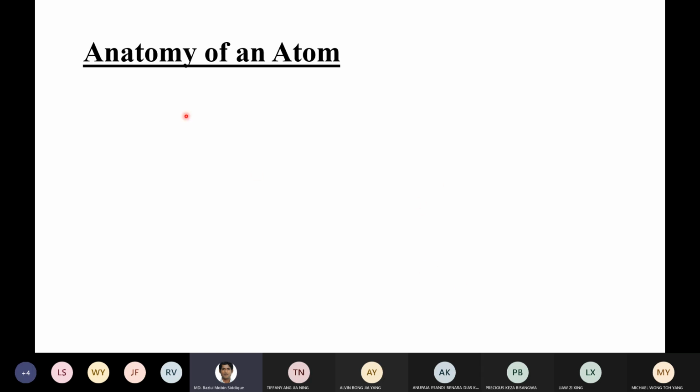But let's move on to atoms, the structure of an atom. First of all, the general perception is that the atom is the indivisible component of matter. But not anymore.